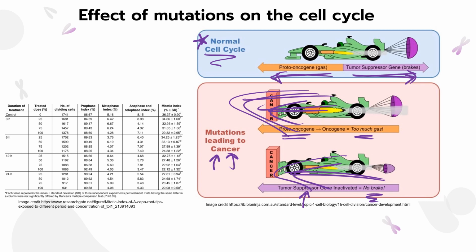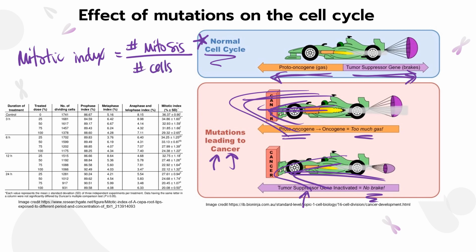We can actually look at the rate of cell division to help us diagnose and predict cancers. We call this counting cells that are in mitosis the mitotic index. This is just us looking at the number of cells that are dividing, the number of cells that are actively in mitosis divided by the total number of cells in our sample.